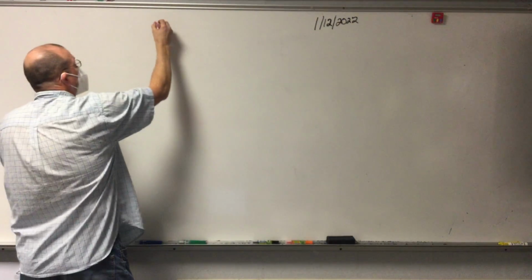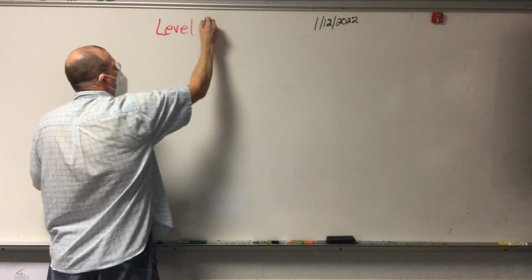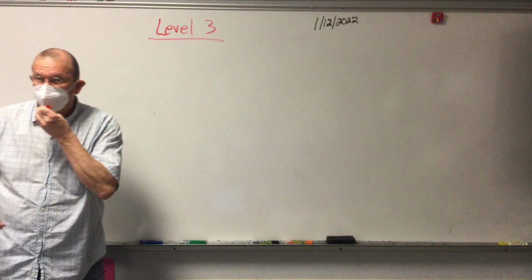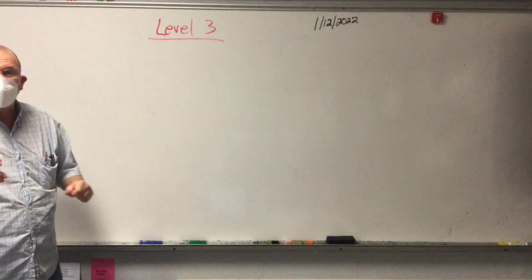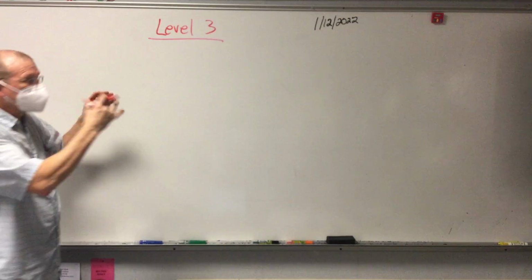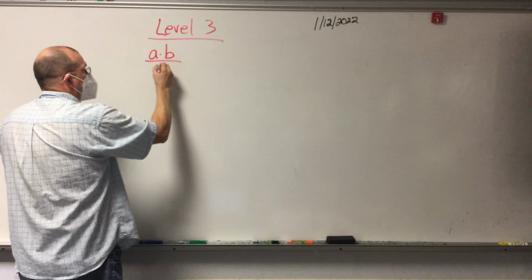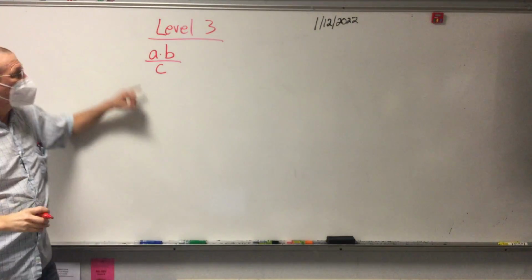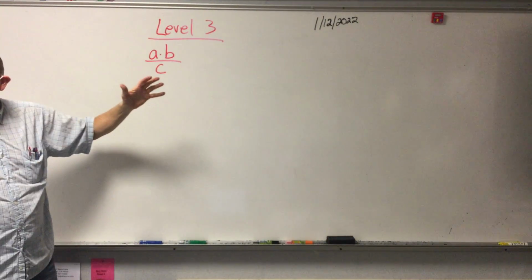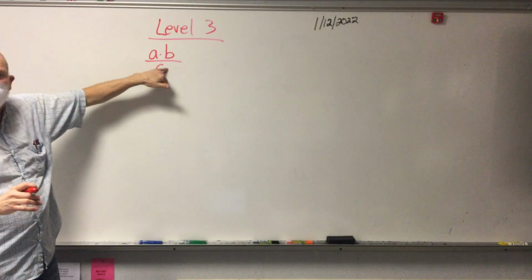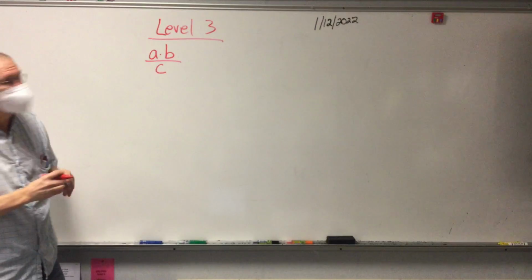So, what do level 3 structures look like? Here are your different looks. One is you'll have 3 separate units. 2 are being multiplied in the numerator, and then you have 1 in the denominator.